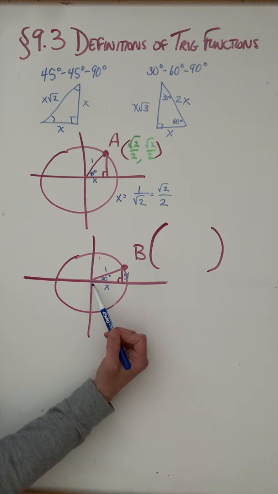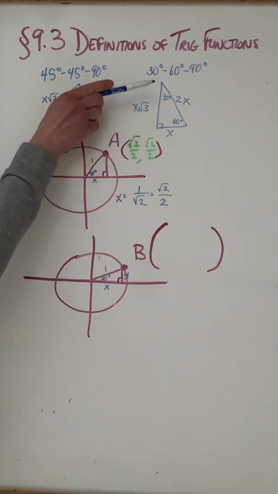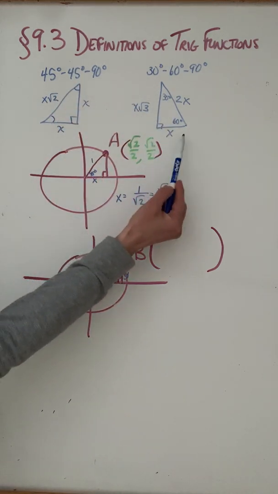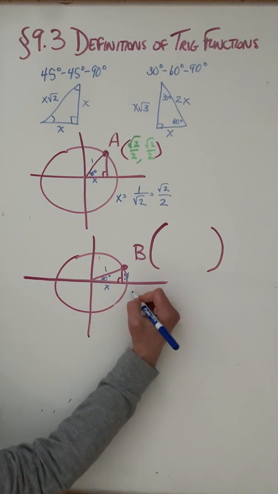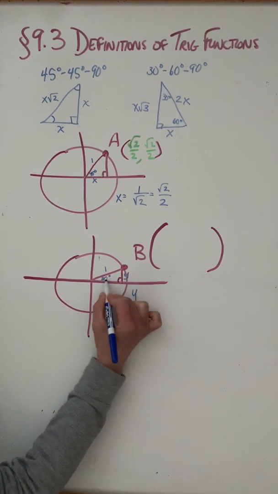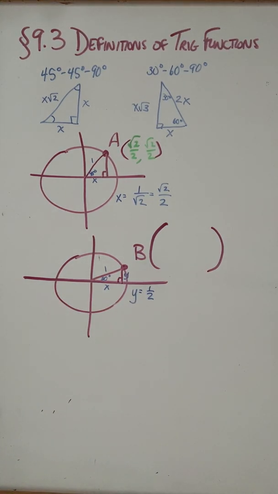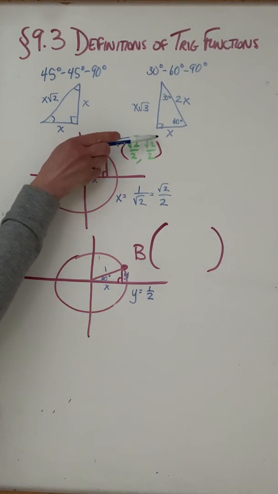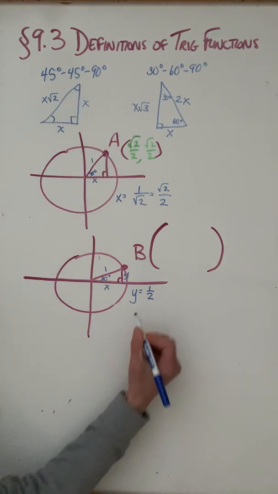If we know the hypotenuse, the easiest thing to do first is to find the short leg, because the short leg is just half of the hypotenuse. So if the hypotenuse is 1, then my short leg, which is y, since it's opposite the 30-degree angle, has to be half of that, so y is 1/2. Once we know the short leg, all we have to do is multiply it by root 3 to get the long leg.